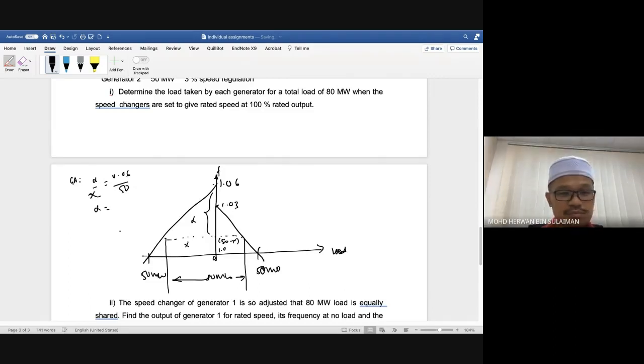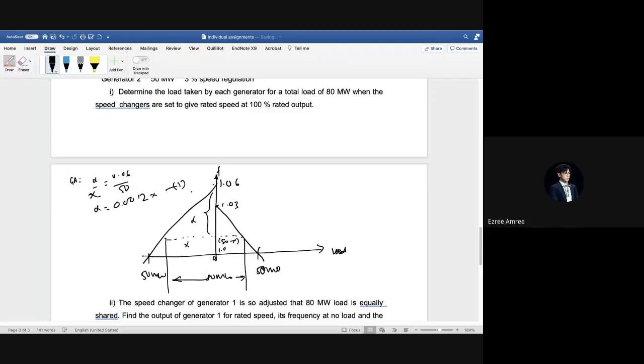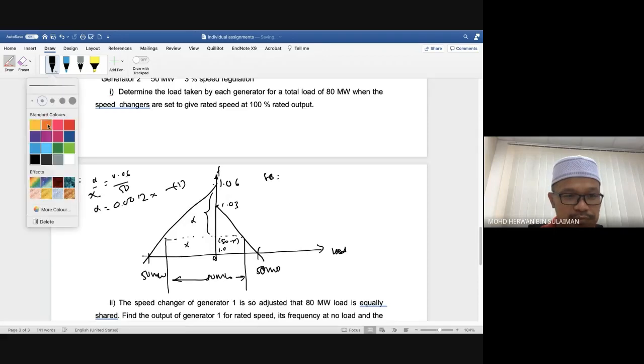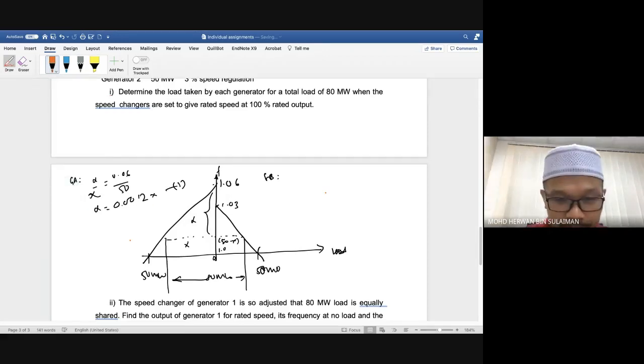Betul. Okay, and then for GB, similar, this one you have different, right? So basically your alpha, it's not an alpha, because this one you need to find this thing.